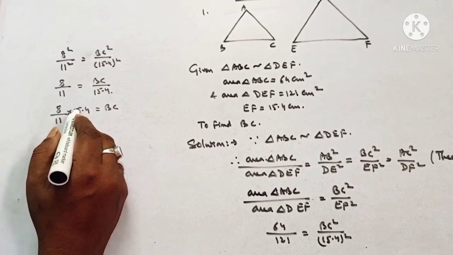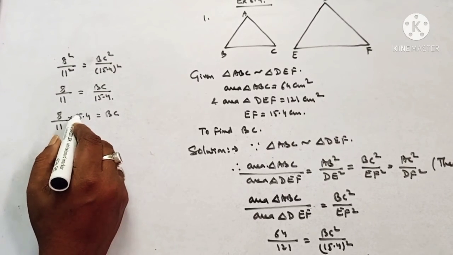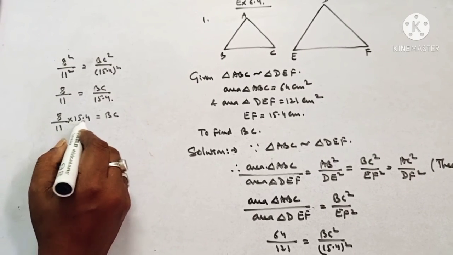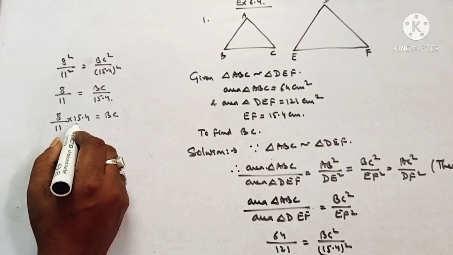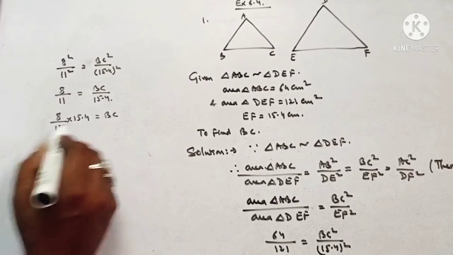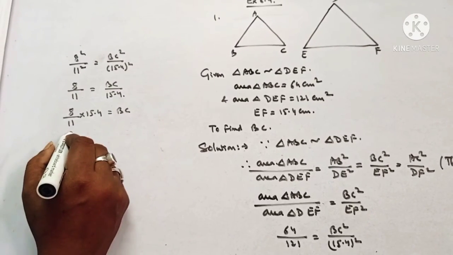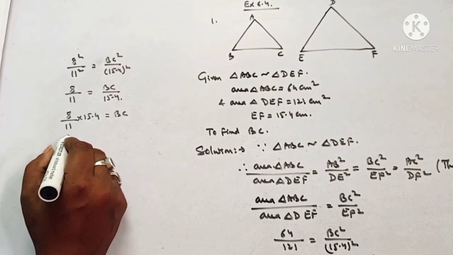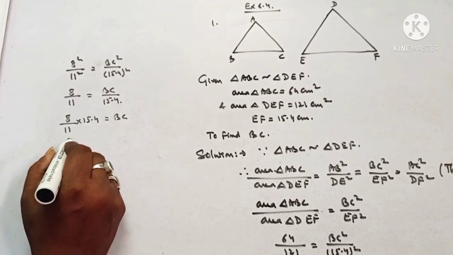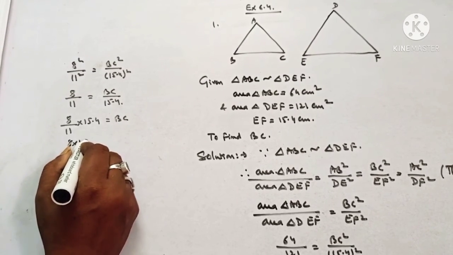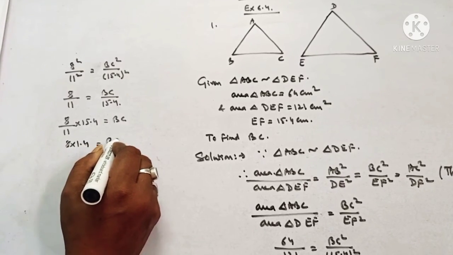This comes out to be 11 ones are 11 and 11 ones are 11 and 4.4. So this will be 1.4. So 8 into 1.4 is equal to BC.